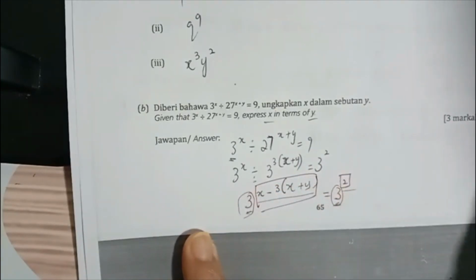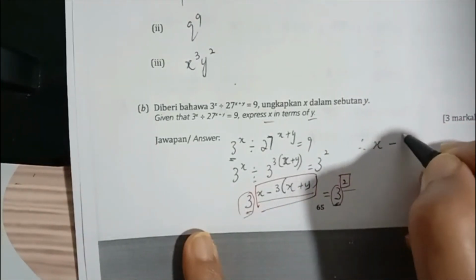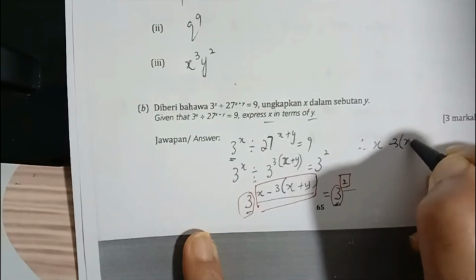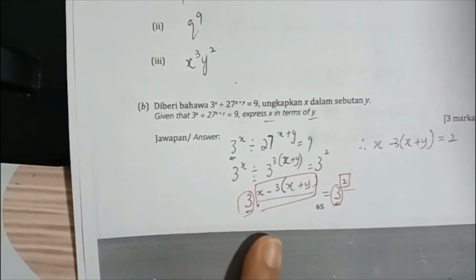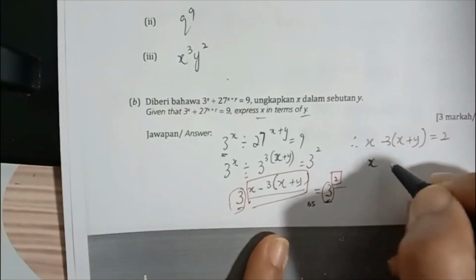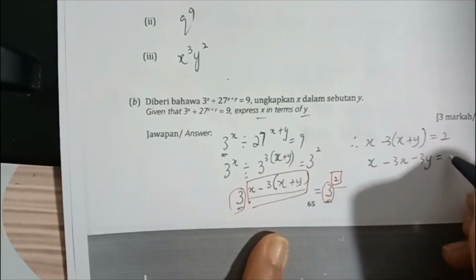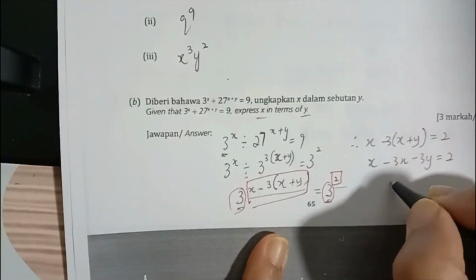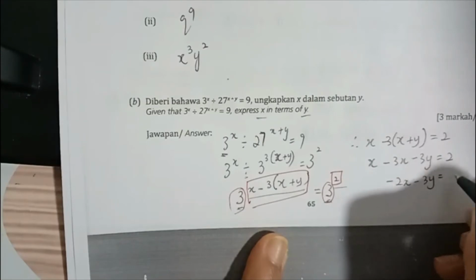Power dia sama. Okay, so you dapat x minus 3(x+y) equals to 2. Okay, so you boleh simplify x minus 3x minus 3y equals to 2. So meaning negative 2x minus 3y equals to 2.